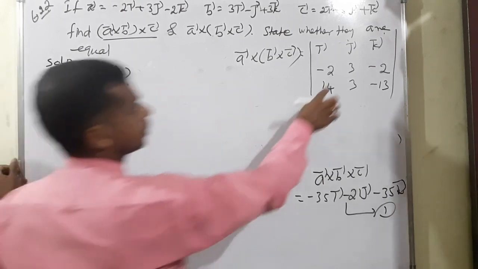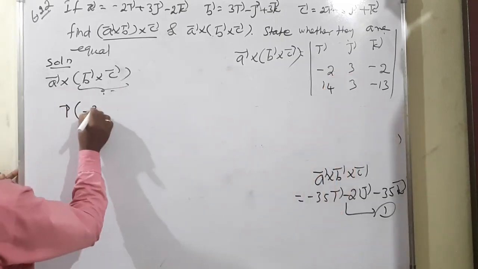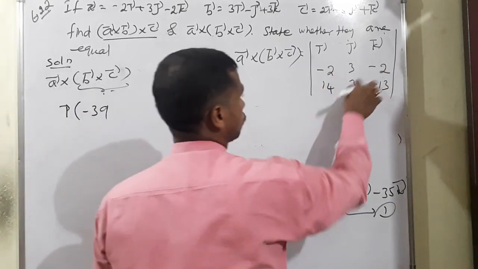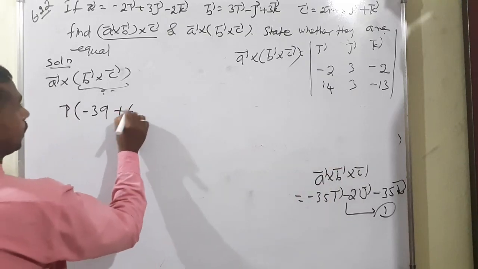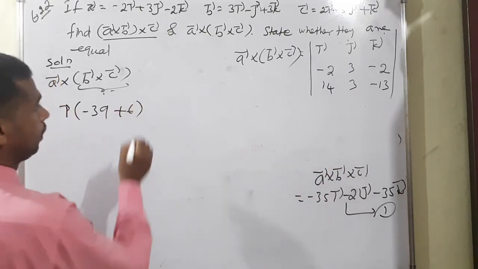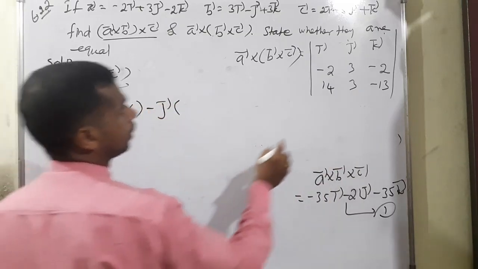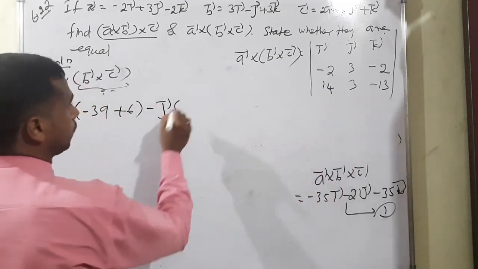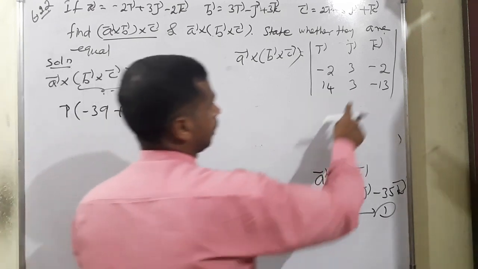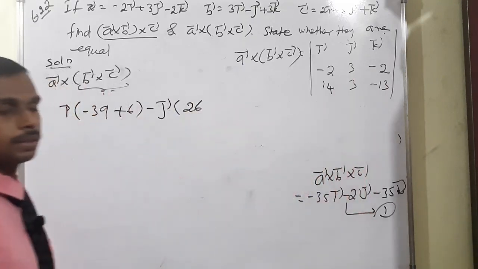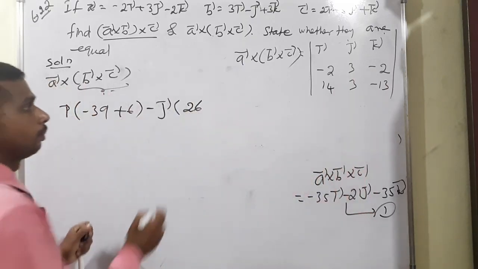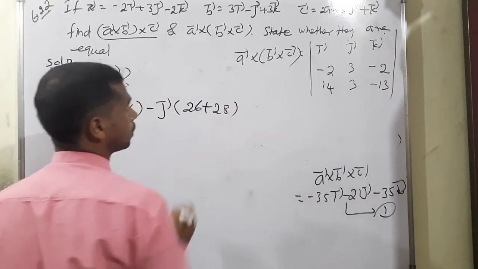I vector means 3 into minus 13 means minus 39. Minus 2 into 3 is minus 6, but we can write it positive 6. Then minus j vector, minus 2 into minus 13 means positive 26, minus 2 into 14 means 28, but cross multiply means positive 28.